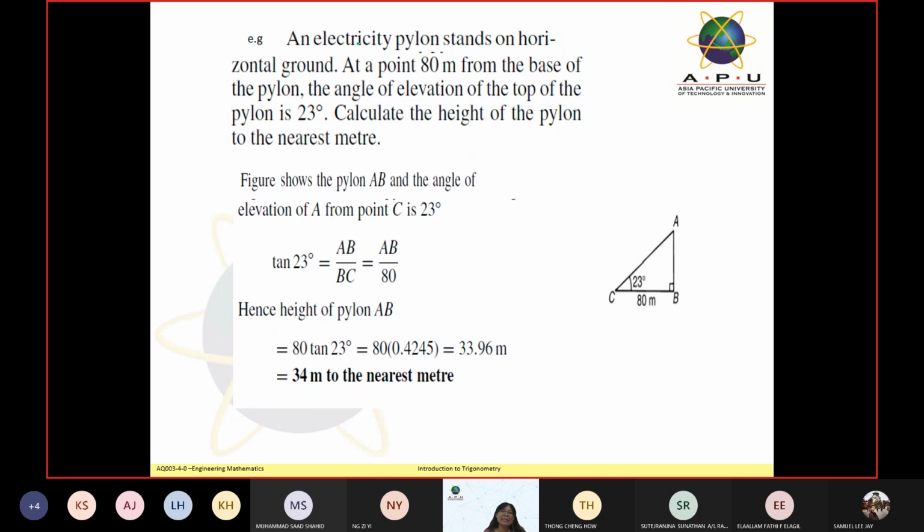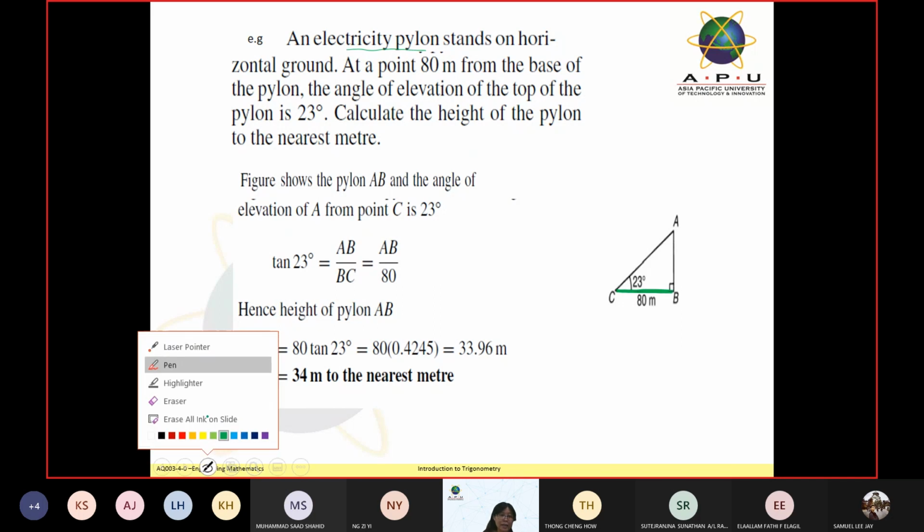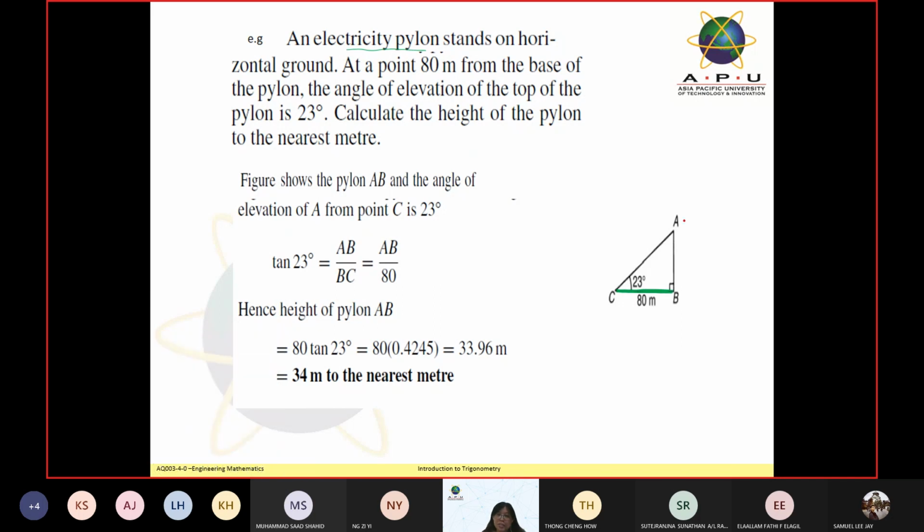So they say the electricity pylon stands on horizontal ground. That means this is your horizontal ground, and this is your pylon. AB is your pylon, right? They say the angle of elevation is 23 degrees.